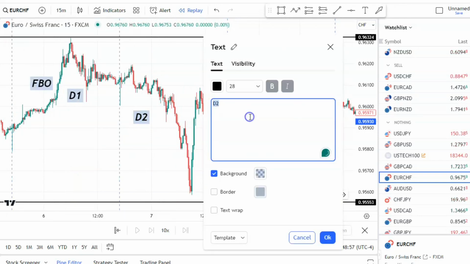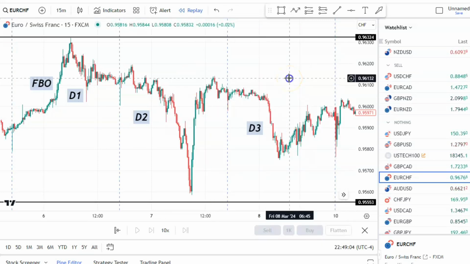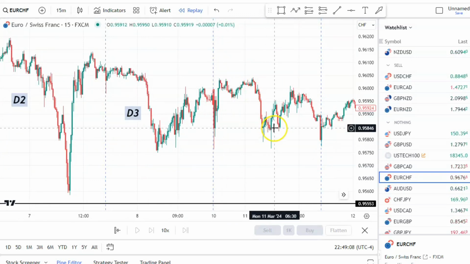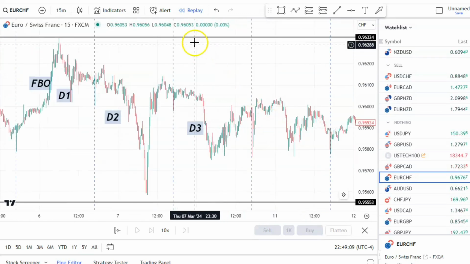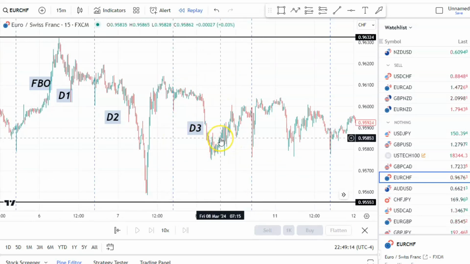If you want to push the extremes, you can even sell on day 4, so long as price stays within the high and the low of the week.